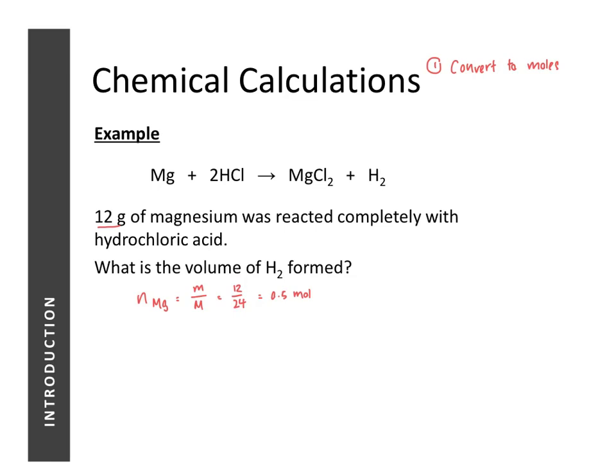Okay, step number 2, compare mole ratio. Which ratios do we want to compare? We want to compare the mole ratio between what is given and what we want to find.